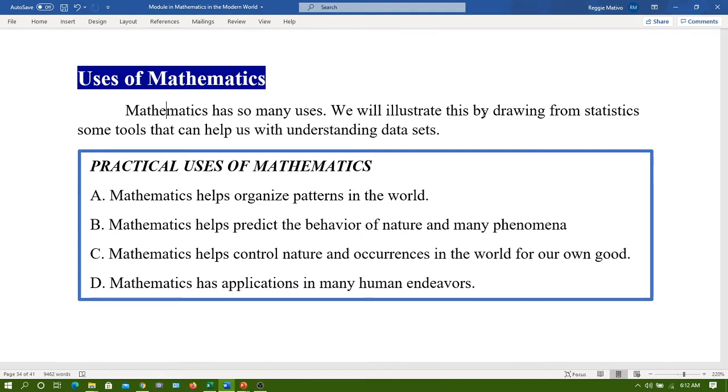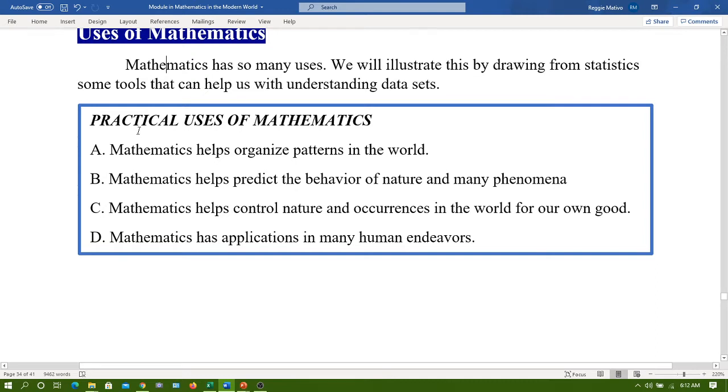Don't worry, I'll be guiding you through it, and we will not be solving a lot in this subject because it's more on appreciation of mathematics around us and how we can use mathematics wherever we are. So, practical uses of mathematics, it has only four here, but I think you have plenty of uses that you can add here. This is so generalized.